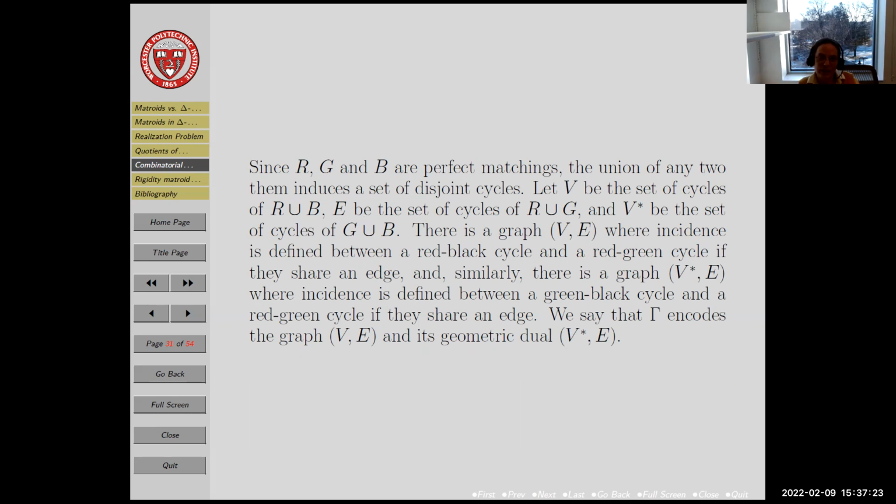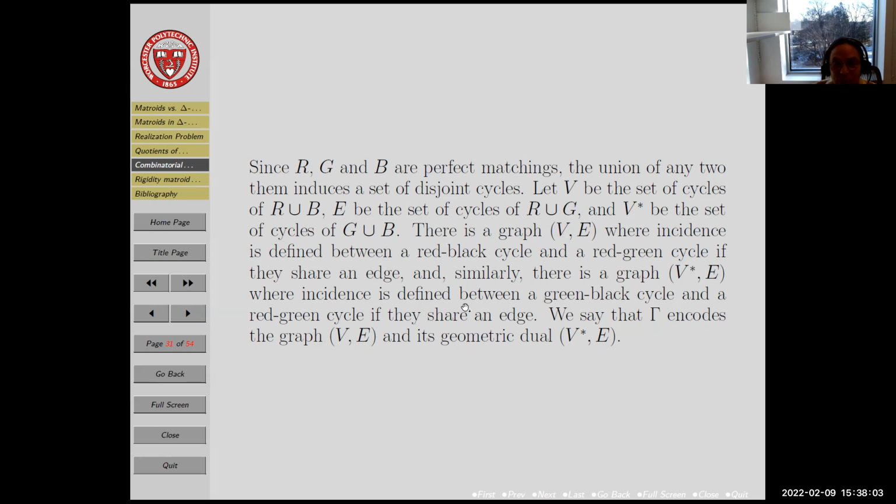So this is a nice thing. And now we want to see in that delta matroid, what are actually the upper and the lower matroid. And now we can see what we have for the graph, right? We know that the edges are encoded by the red-green quadrilaterals, and the vertices are actually green and black, two regular subgraphs, and the faces are the red and black subgraphs.